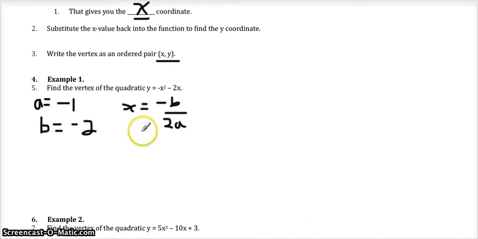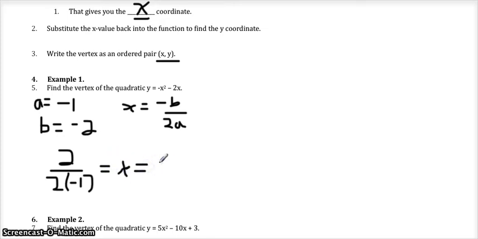Okay, so the opposite of b is 2, and 2 times negative 1 is negative 2. So now we have x equals negative 1. That is the axis of symmetry, and now we need to find the vertex.